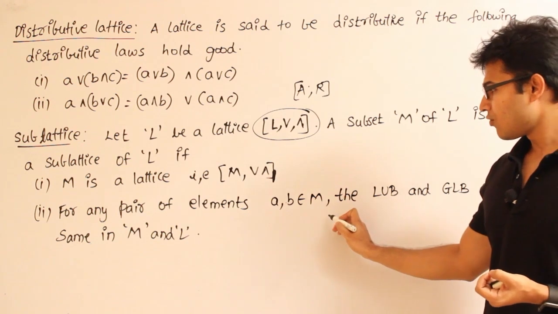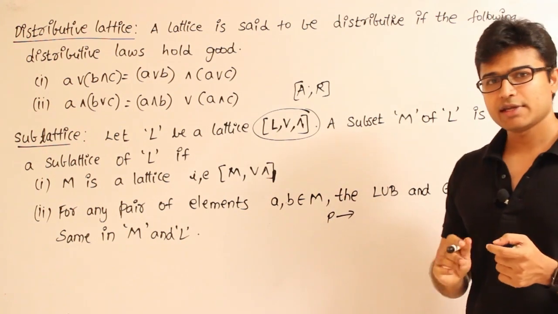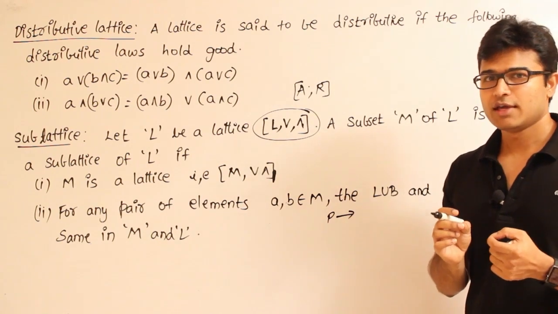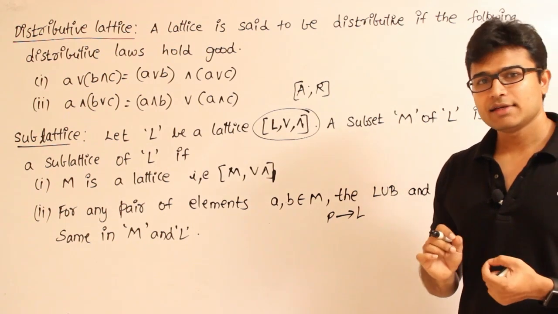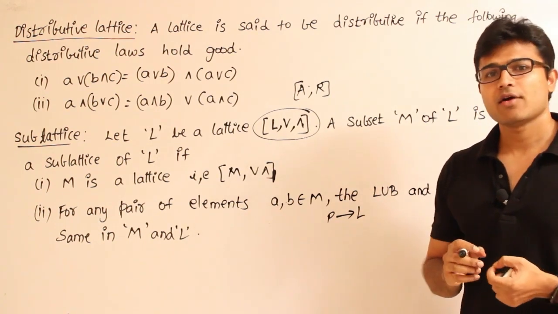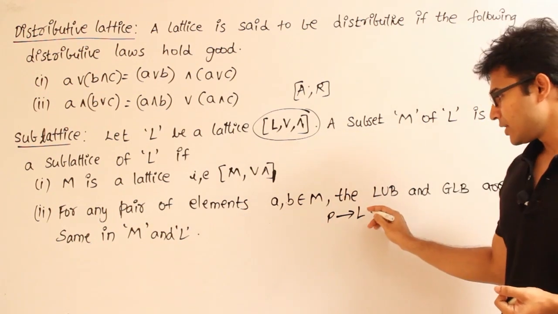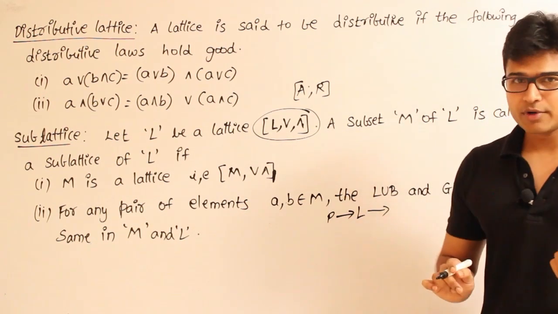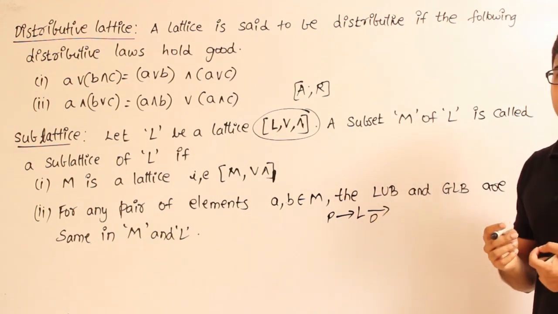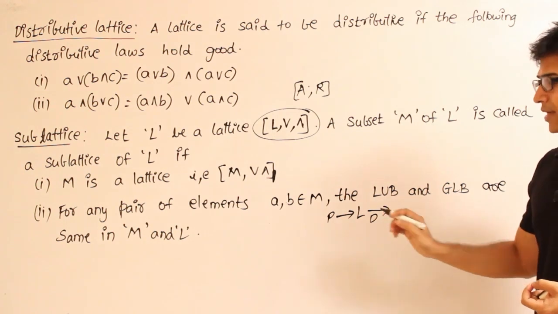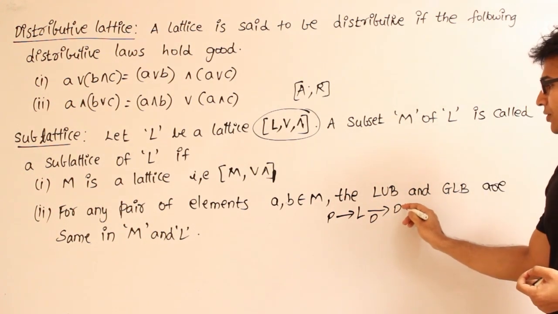So we know what a poset is, right? And if in a poset every two elements have a GLB and LUB, we call it a lattice. A lattice in general has many properties which naturally hold good, but if the special property, the distributive property, holds good on every three elements you take from L, then that is called a distributive lattice.